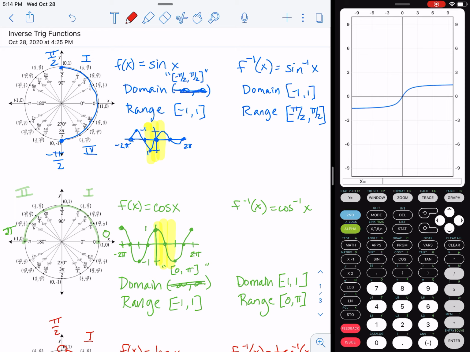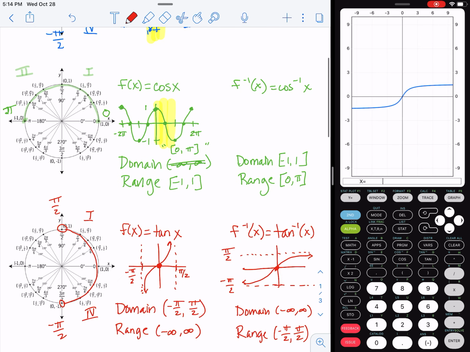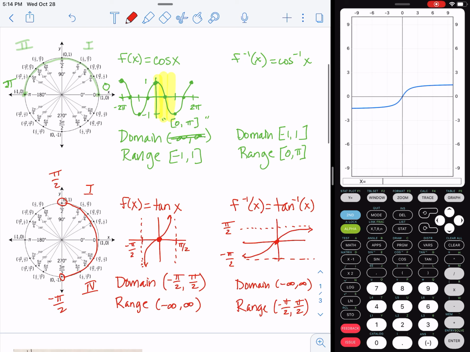They kind of like switch spots, if you will. All right? And then the cosine function and the arc cosine function, in order for them to be a one-to-one function, it has to be restricted on that domain. Okay, so it goes from 0 to pi for our cosine function, which means the range of our arc cosine will be 0 to pi, and then the range and the domain also switch.